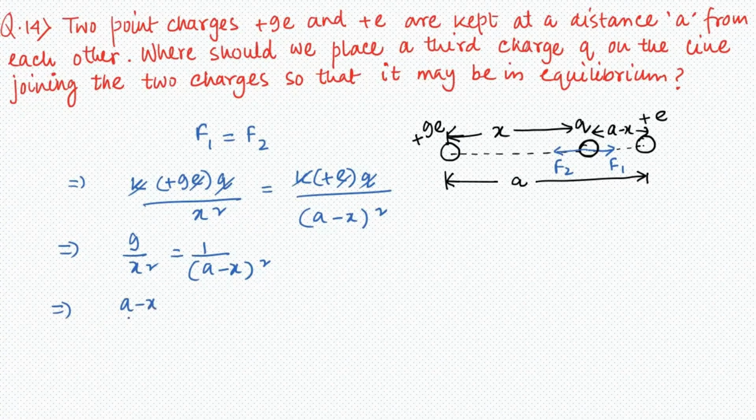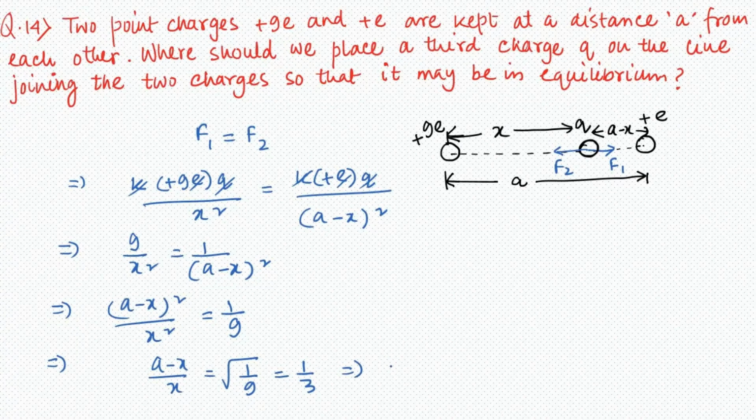So (a minus x)² by x² is equal to 1 upon 9. So (a minus x) by x is equal to square root of 1 by 9, which is 1 by 3. So from here we can write 3a minus 3x is equal to x.